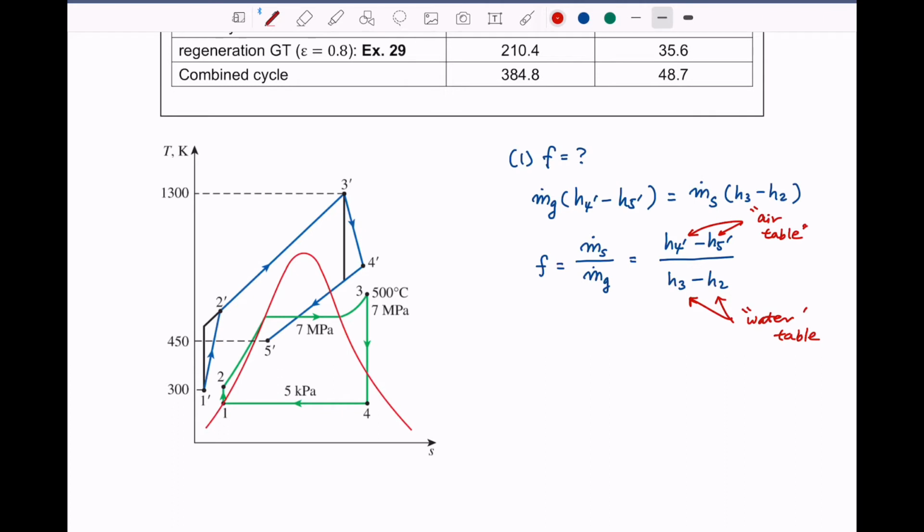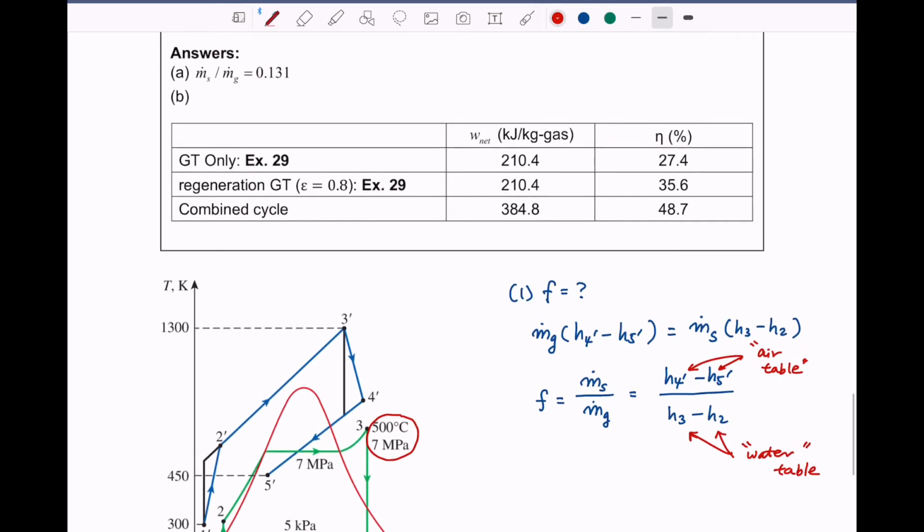The H3 value can be easily found from the given condition at state 3. But in order to calculate H2, we have to go through the pump analysis. We already learned how to do it, so I'm not going to repeat it here. So if you calculate it, then the answer for F is 0.131.